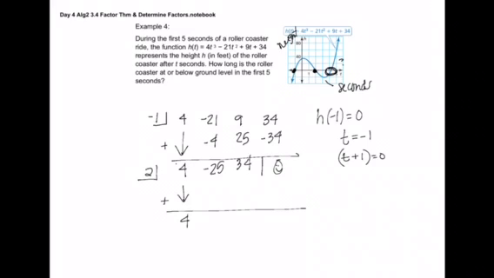Drop your first term, multiply, add, multiply, and you can see that we got 0 again. So h of 2 equals 0. So if we set our t equal to 2, because that was our time, move our 2 over by subtracting, we can tell that another one of our factors is t minus 2.